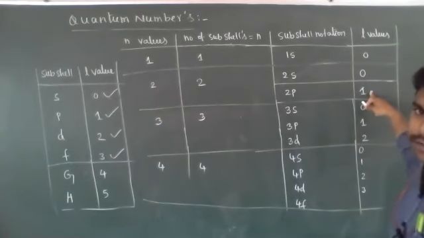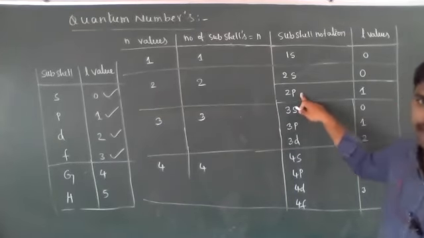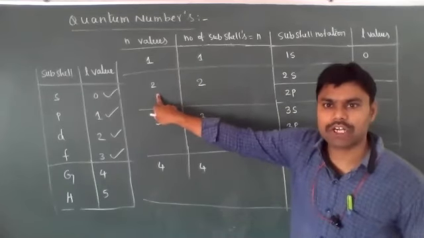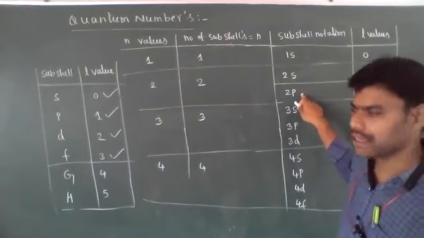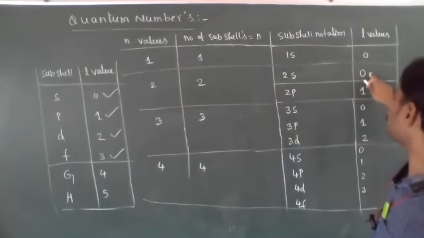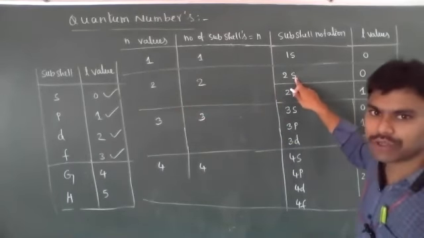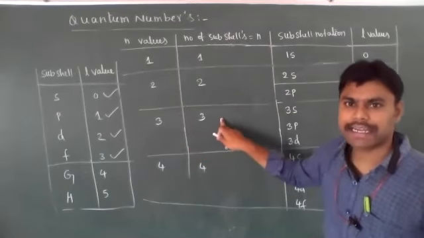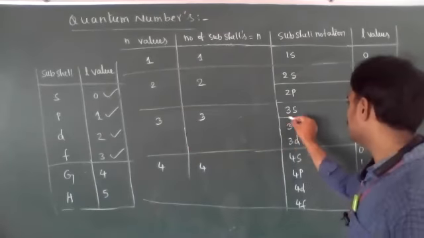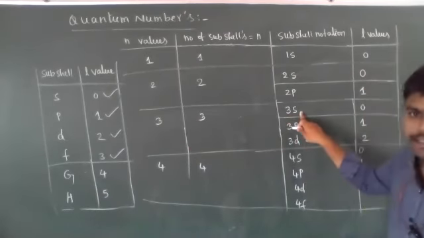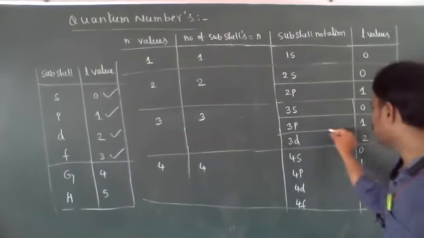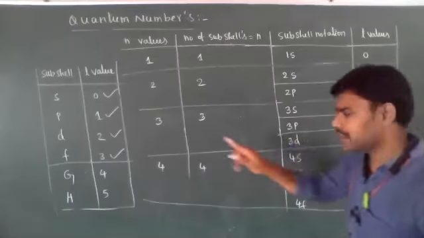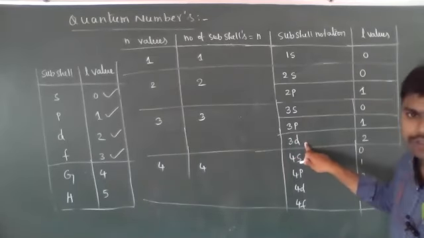L equal to 1 means 2p, and L equal to 0 means 2s. If n equal to 3, three subcells are present: L equal to 0 belongs to 3s, L equal to 1 belongs to 3p, and L equal to 2 belongs to the 3d subcell.